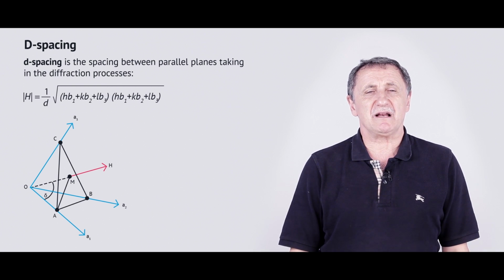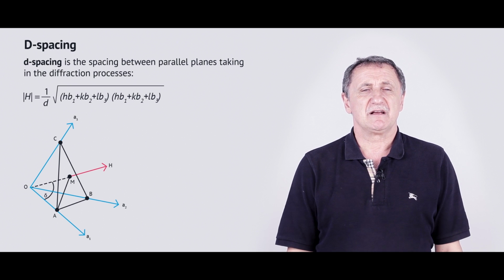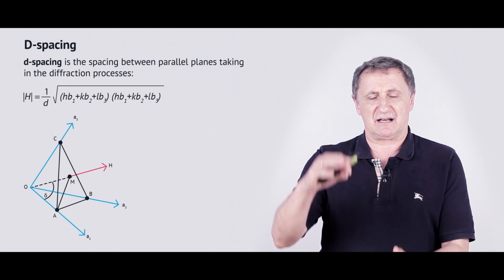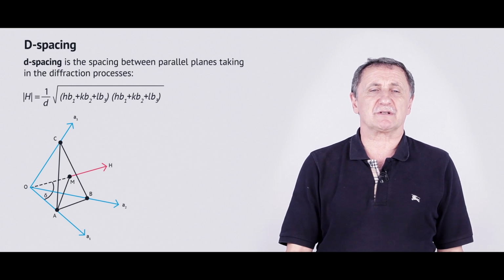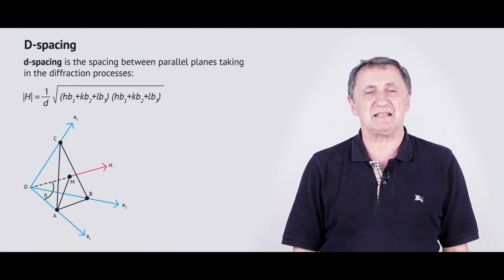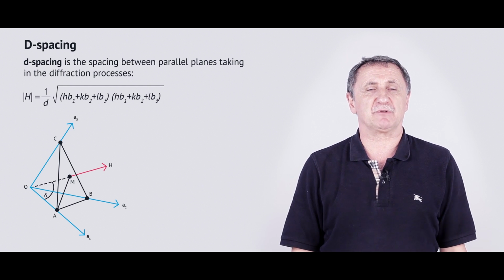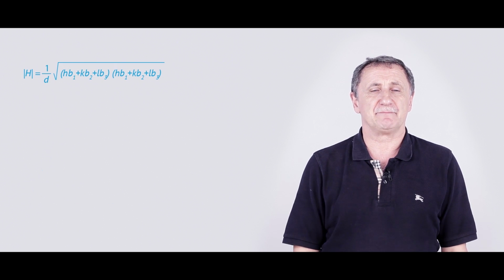These Miller indices, which correspond to any sets of planes inside any crystal structure, are related through the parameters of the cube, let's say a, the size of the edge of the cube, and the so-called d-spacing. D-spacing is the distance between any selected parallel planes with the Miller indices H, K, and L.